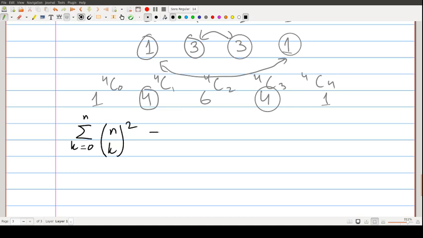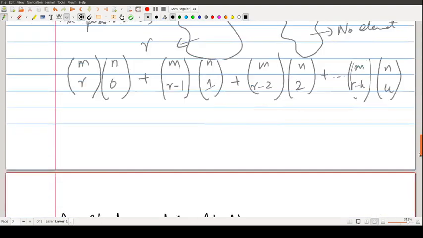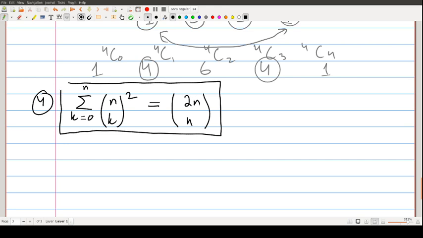This series is going to be equal to selecting n objects from a bag of 2n objects, right? So you have another nice little series here, so let's call this series 4. Okay, make sense? Any confusion?